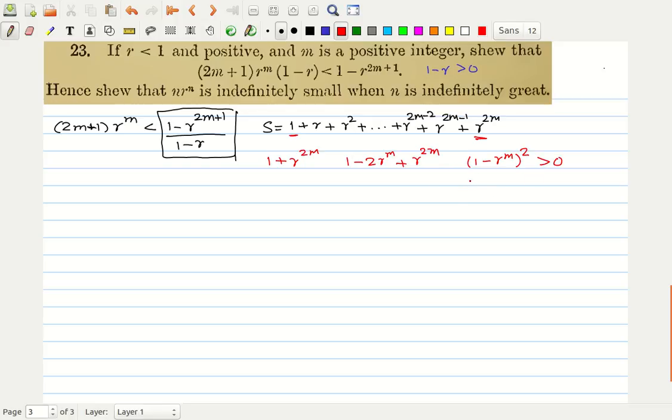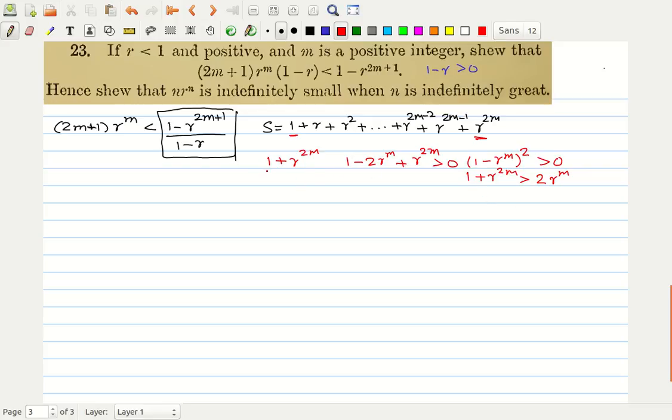So from this expression what we know is that this expression is also greater than 0. So if this expression is greater than 0, we know that 1 plus r to the power 2m is also greater than 2 times r to the power m, right?